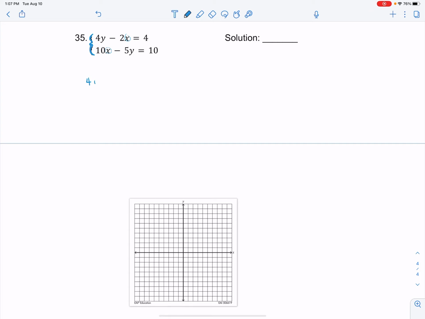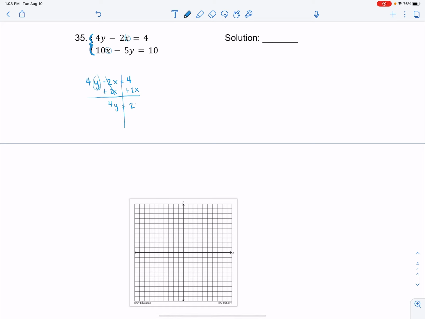So first, we need to solve them both for y equals mx plus b. So if I take 4y minus 2x equals 4, I need to isolate or get the y by itself. So first, we're going to move the 2x. If I add 2x, then I will have 0 left on this side and only 4y. But I have to do it to the other side as well. Now, 4 and 2x cannot be combined. They're not like terms.